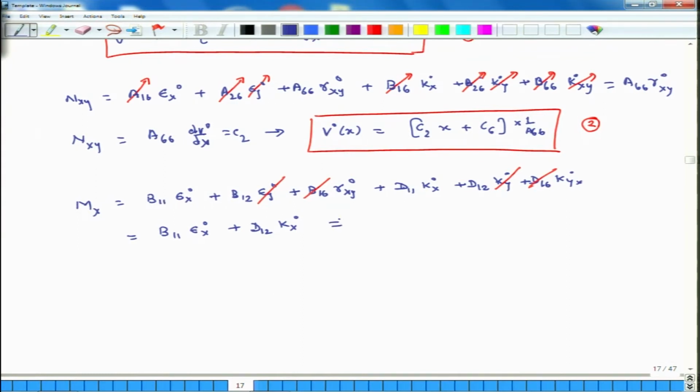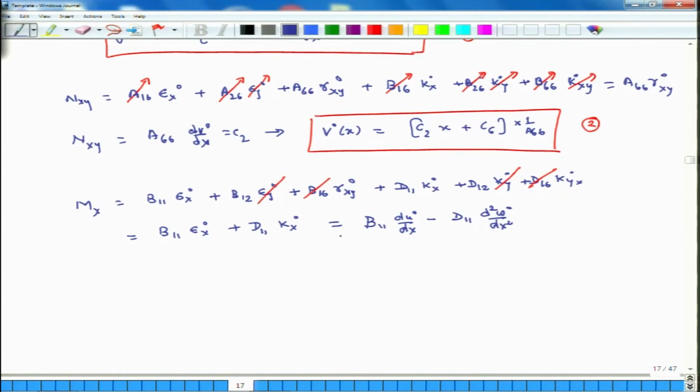So, this is equal to B11 du naught over dx minus D11 d2w over dx square.